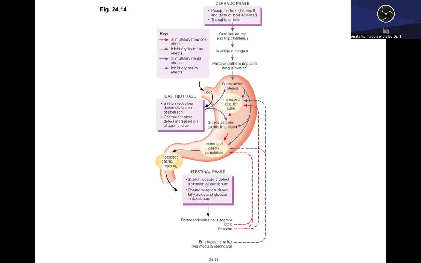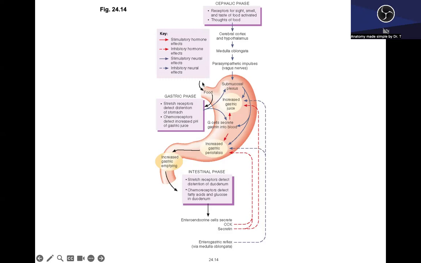And then, of course, as the food enters the stomach, we are looking at the immediate addition of the gastric phase of digestion and the gastric phase of stomach secretion. Stretch receptors right away detect the change in the physical shape and size of the stomach, and the chemoreceptors immediately detect the change in the pH value of the gastric juice.